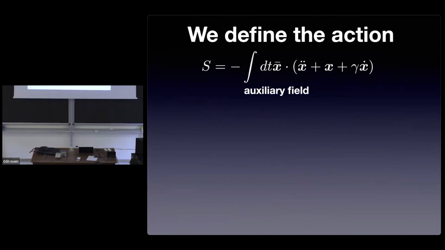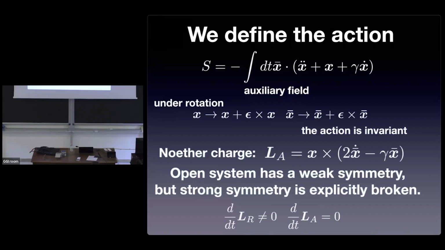What do you mean by strong symmetry being broken? The fact that the derivative of LR is non-zero. Yes, that is what I mean by the strong symmetry being explicitly broken. But still, the weak symmetry is unbroken.